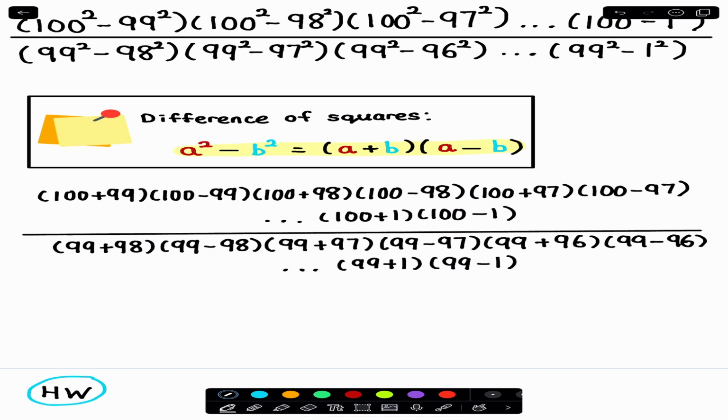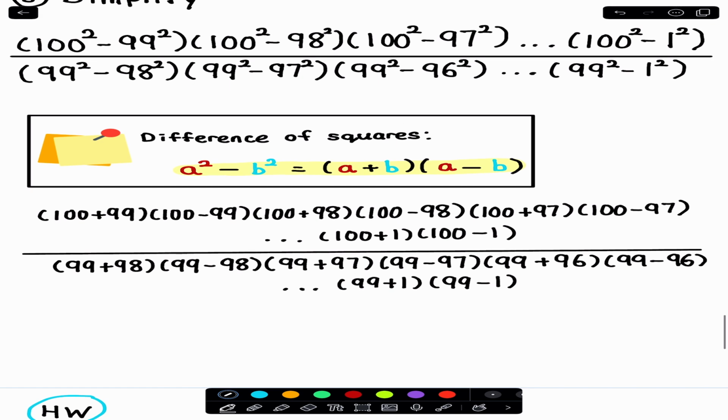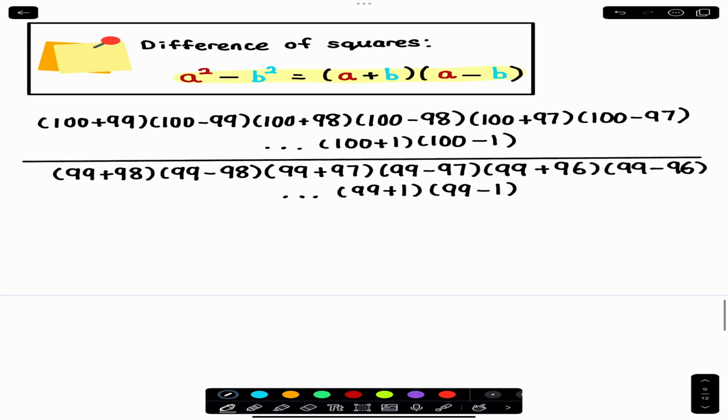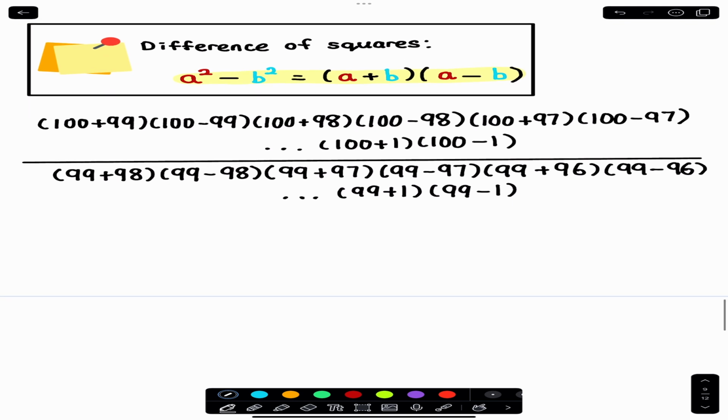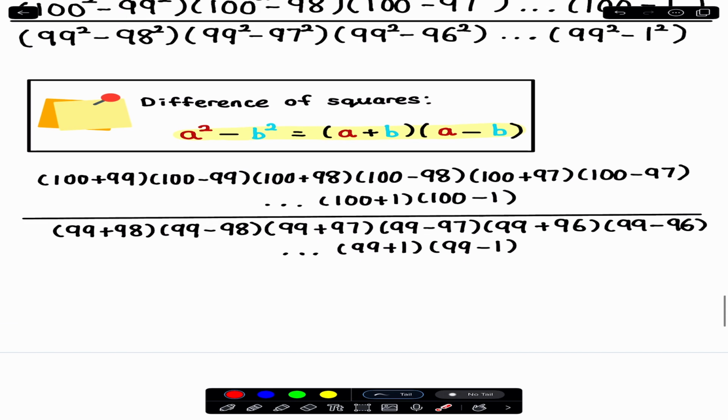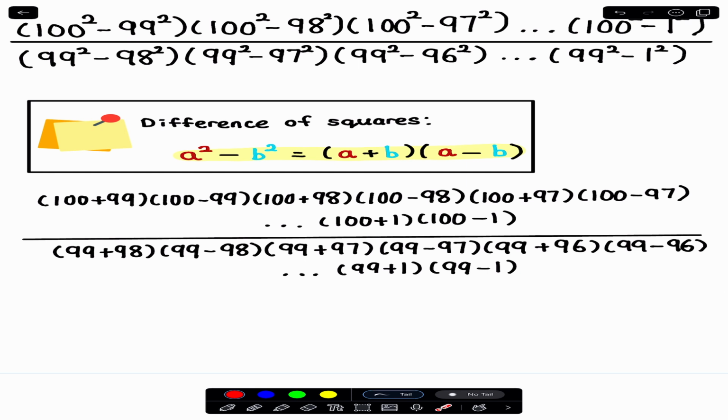So again, I think I'm going to give myself some more real estate. Now, instead of working with all of these sums, we can actually simplify the terms in the sums, because 100 plus 99 is just 199, and 100 minus 99 is just 1.